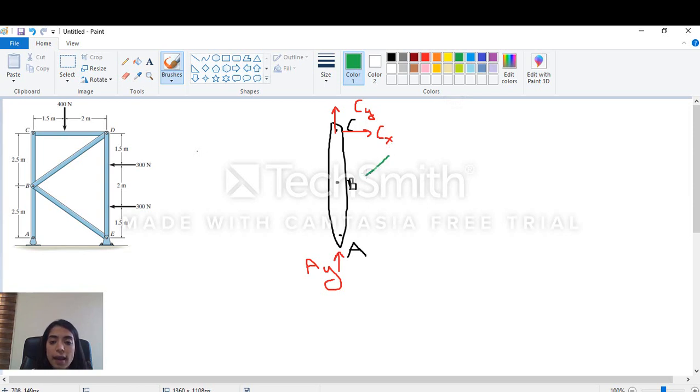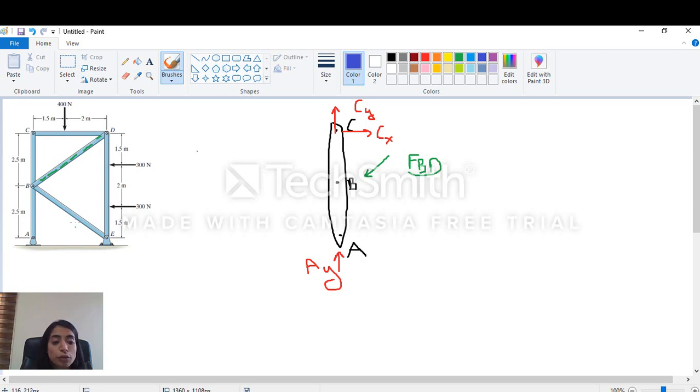This is FBD. Why did I choose this direction, which is the direction of BD? Because in fact, this is a two-force member. In a two-force member, I know that the forces are along the member, so they are axial. So this is FBD. Now, what about FBE?